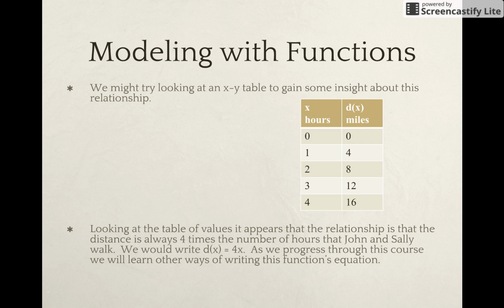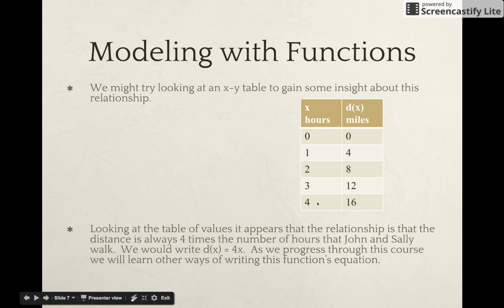So if John and Sally have walked no hours, then they will, of course, have gone no miles. They walk at a rate of 4 miles per hour. So if they walk for 1 hour, then they will have traveled 4 miles. If they walk for 2 hours, they will have traveled 8 miles. 3 hours, 12 miles, and so on.